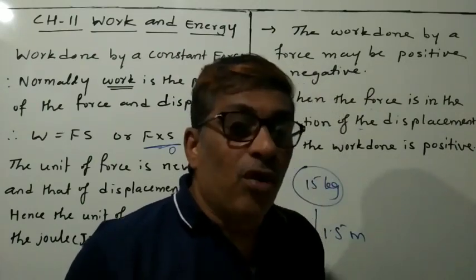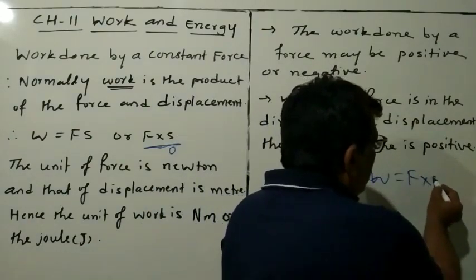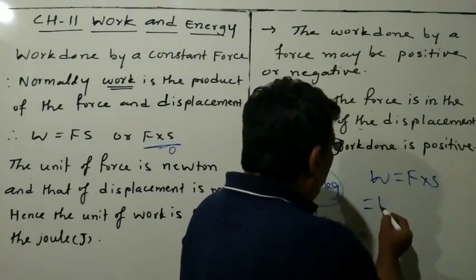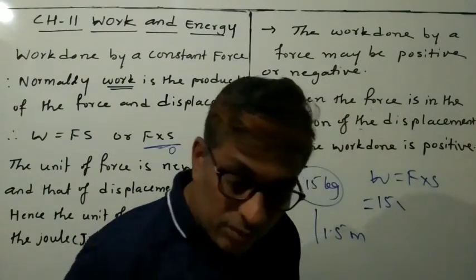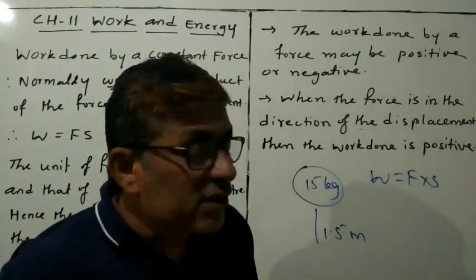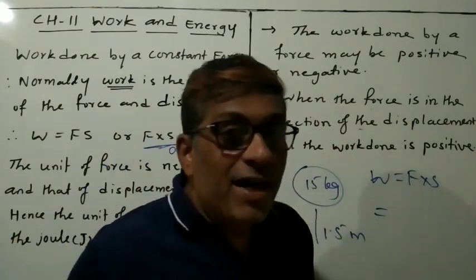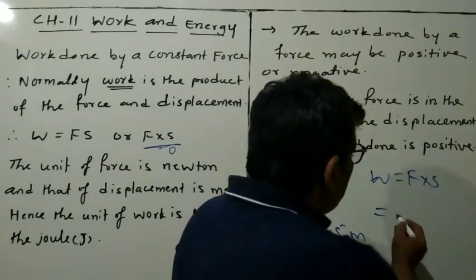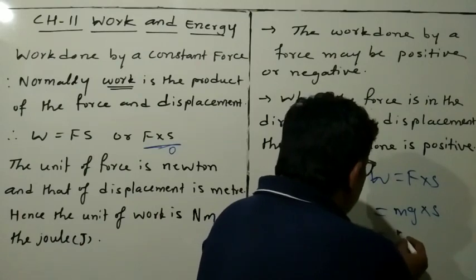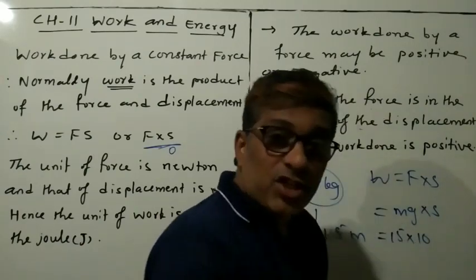So what formula do you use here? W is equal to F into S. One thing you have to remember here, dear students: F is equal to Fg, which means mass multiplied by gravity, so mg multiplied by S. Here the mass is 15 kg, and gravitational acceleration is 10 meter per second square.